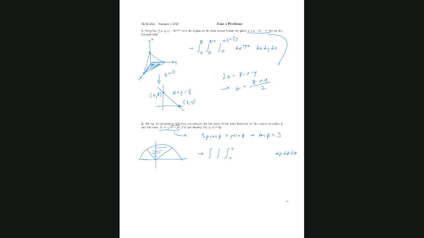Any line I draw from the origin doesn't hit anything until it hits the sphere. What is phi going from? 0 to inverse tangent. And starting at 0 because it includes the z-axis, which is 0. And finally, for theta, it's going from 0 to 2 pi.